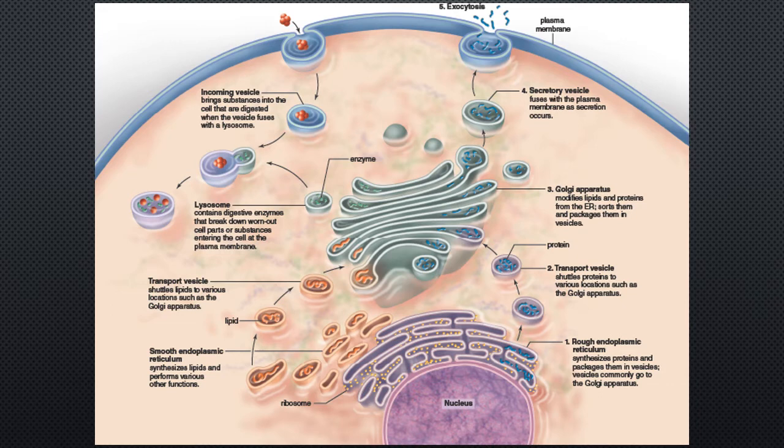The side that faces the ER, this right here, we call the CIS face, C-I-S. The portion of the stack that is away from the ER, right here, is called the trans face. And that's going to be easy to remember, at least for the trans portion, based on its function.